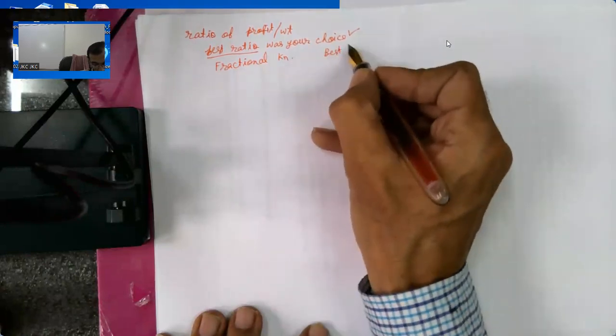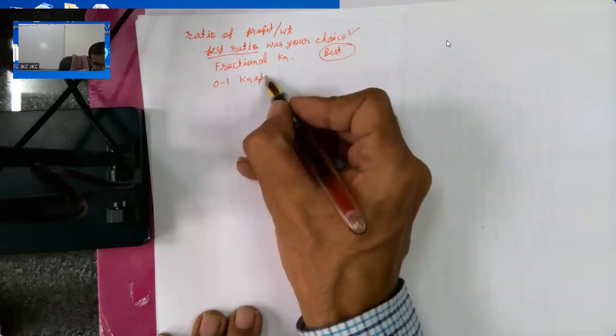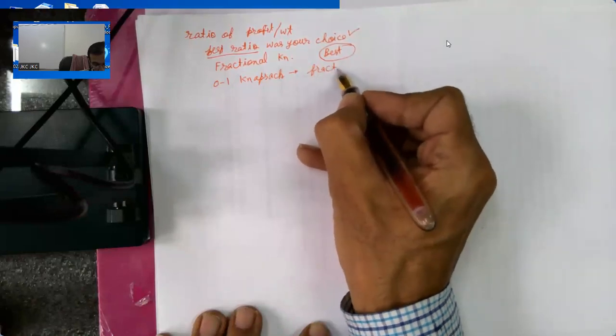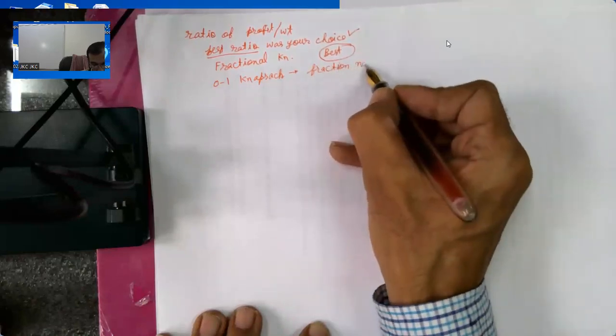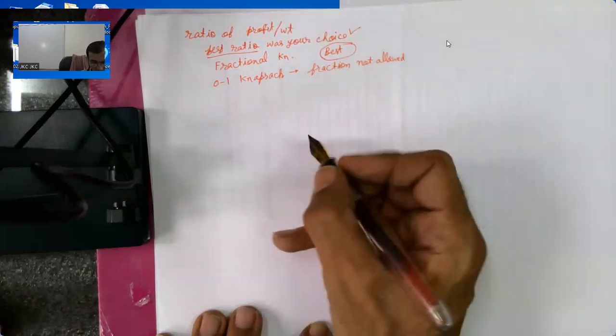But the other problem, 0-1 knapsack, says that the fractional part is not allowed. What does that mean?